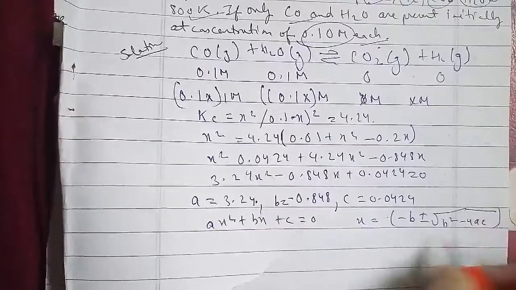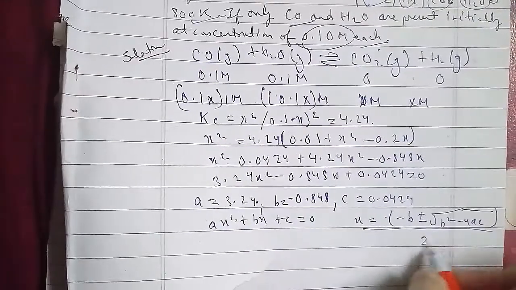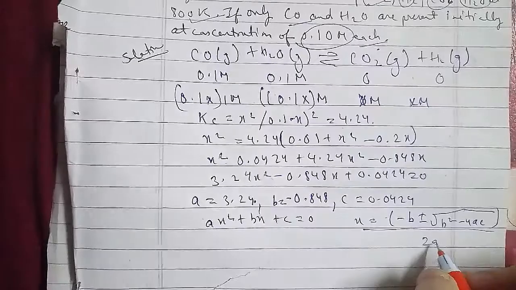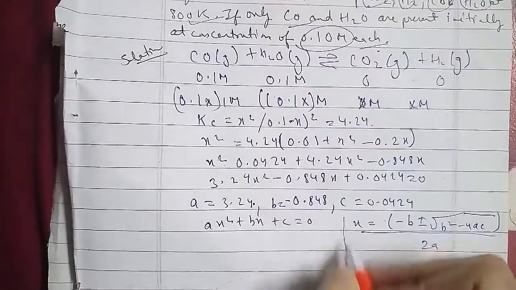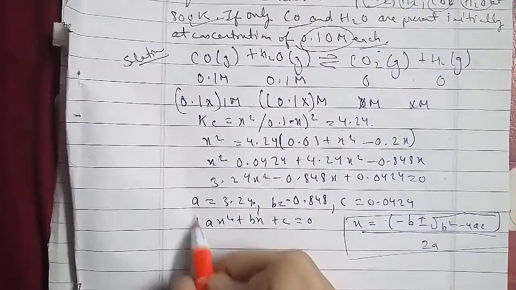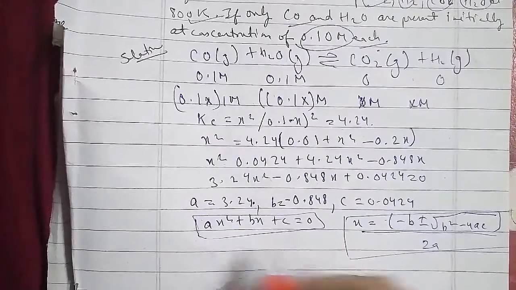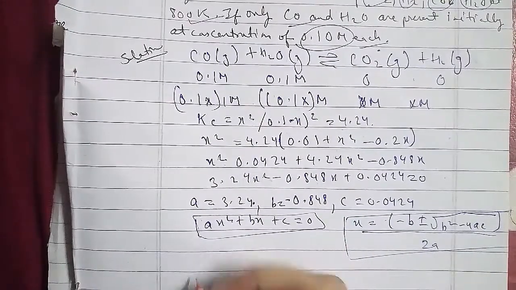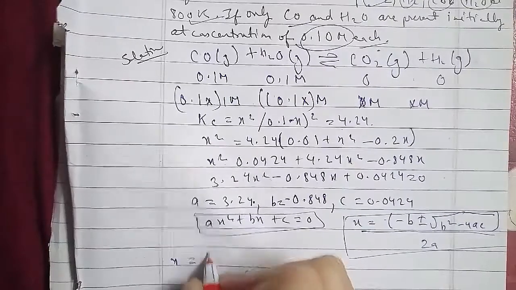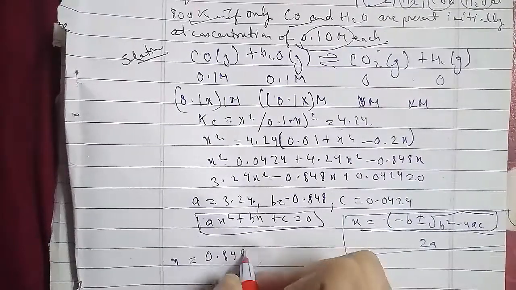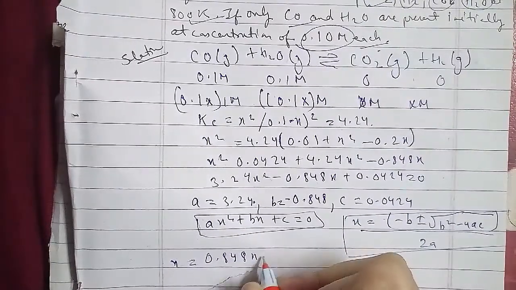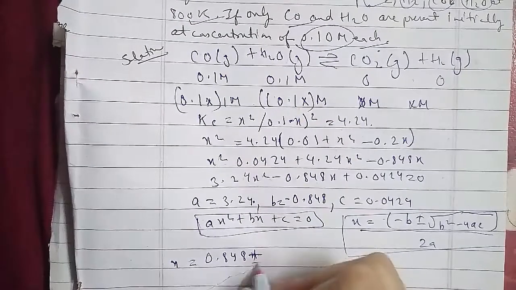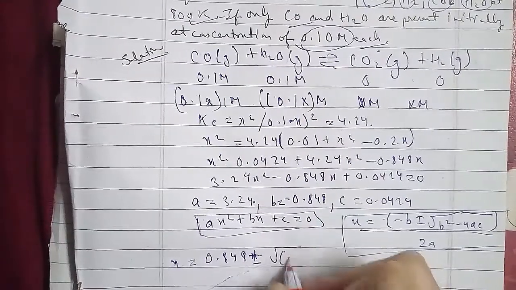Applying this formula, x equals 0.848 plus minus 0.4118 upon 6.48. When we solve this, we get 0.4118, and 6.48 here.